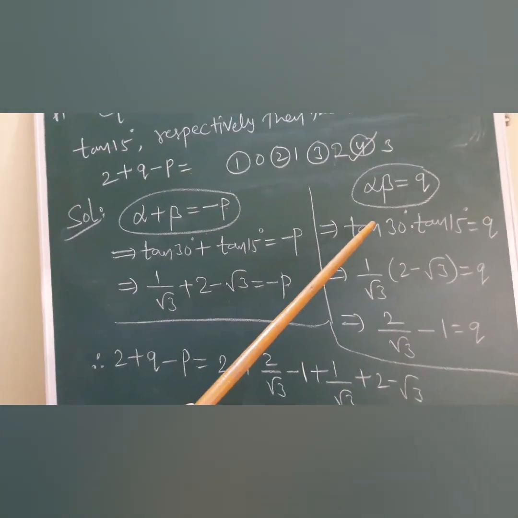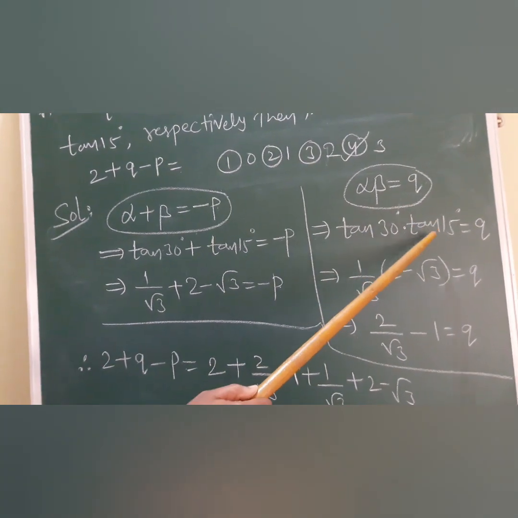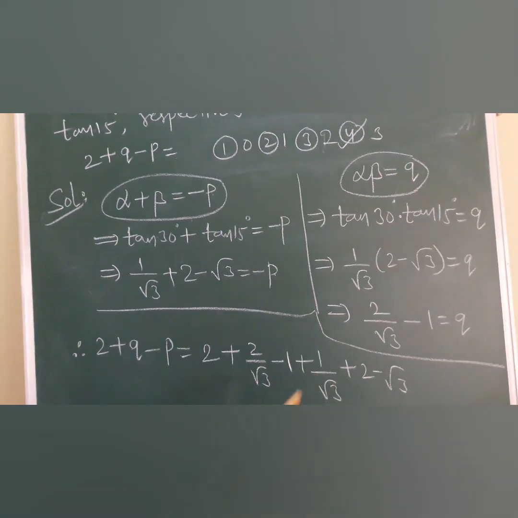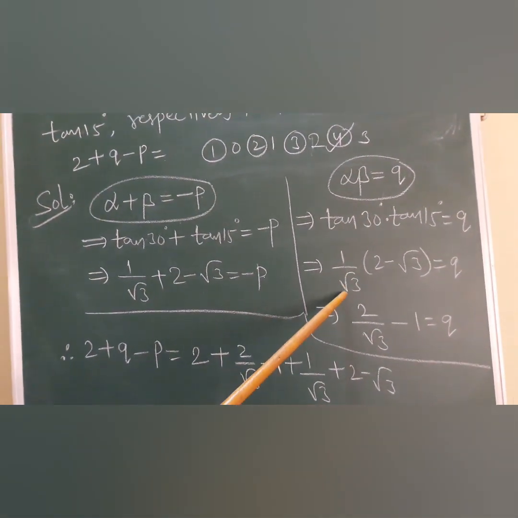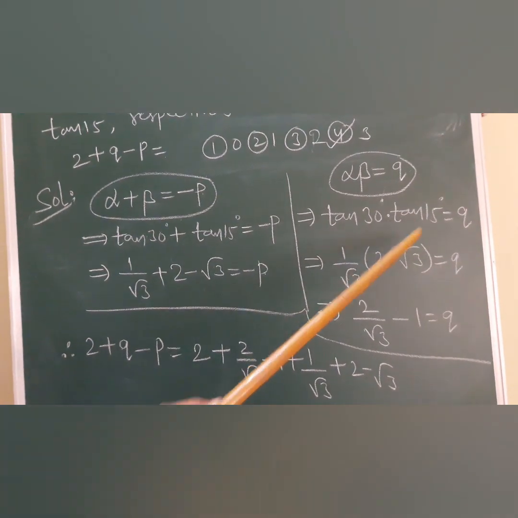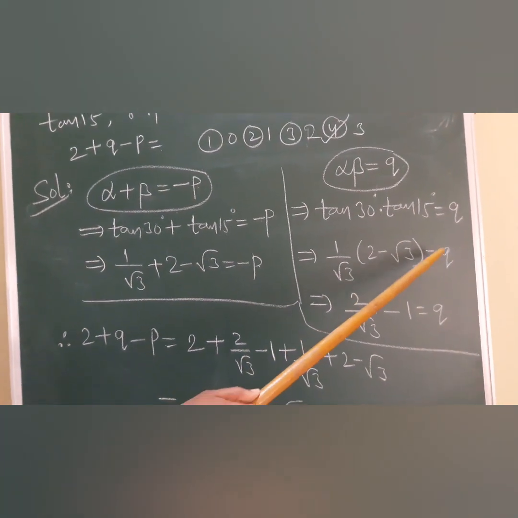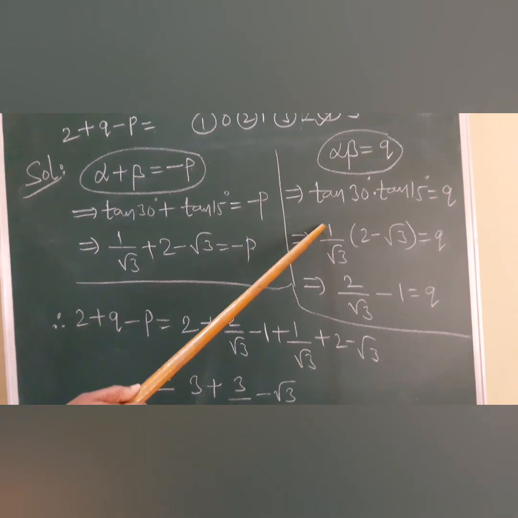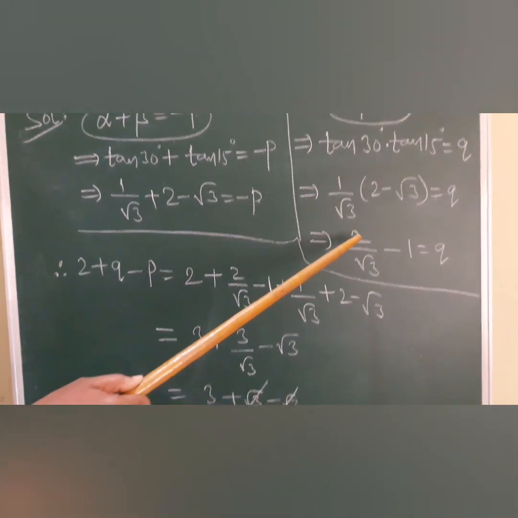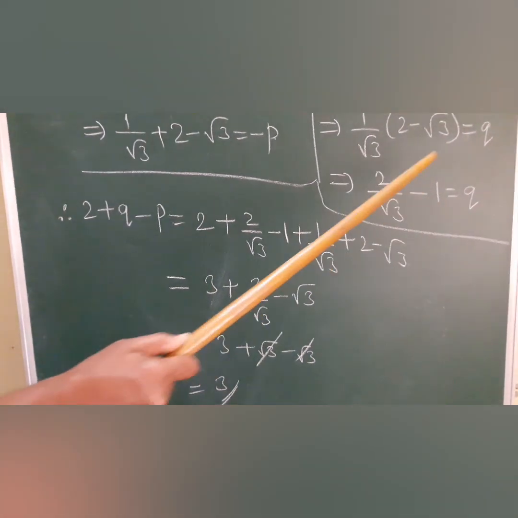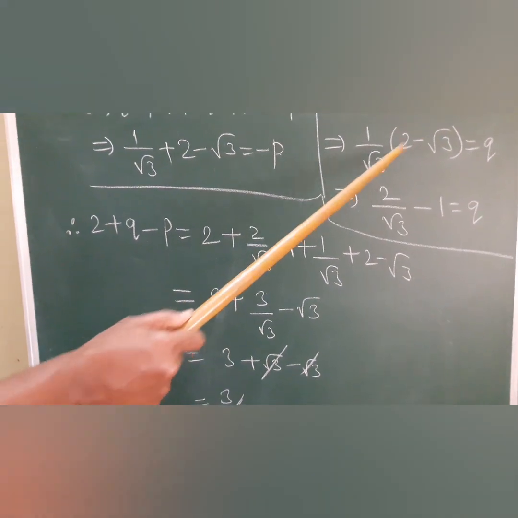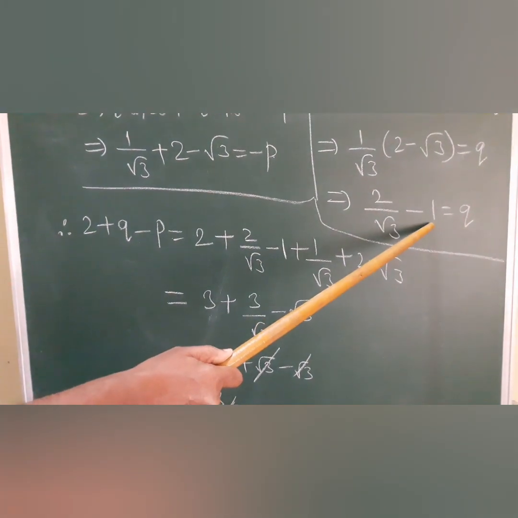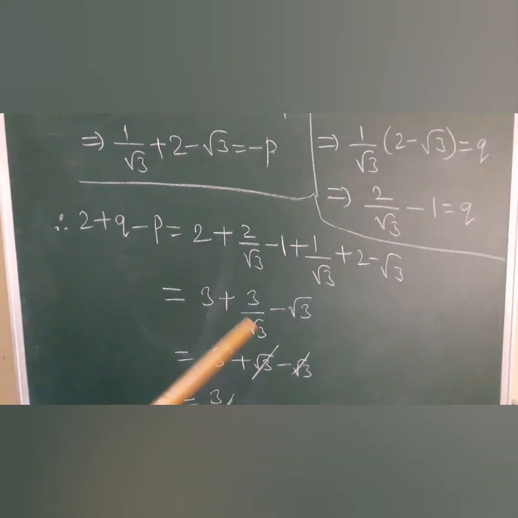Similarly, tan 30 into tan 15 is equal to q. Tan 30 is 1 by root 3, tan 15 is 2 minus root 3. That is 1 by root 3 into 2, that is 2 by root 3, minus 1 by root 3 into root 3, that is 1, is equal to q.